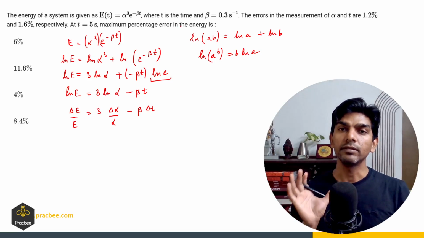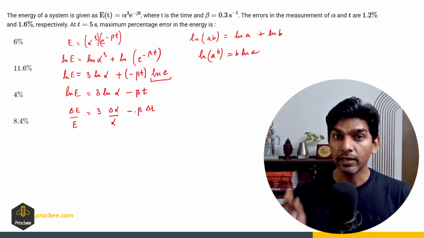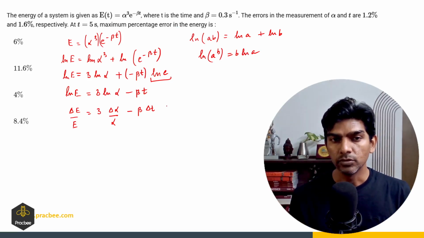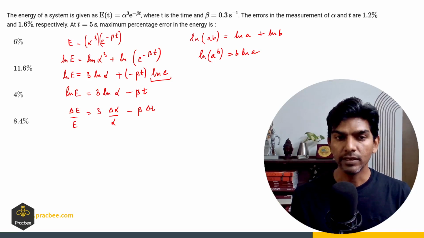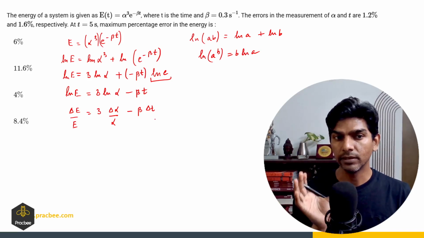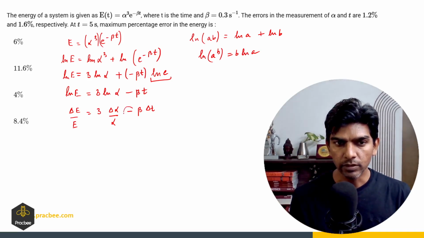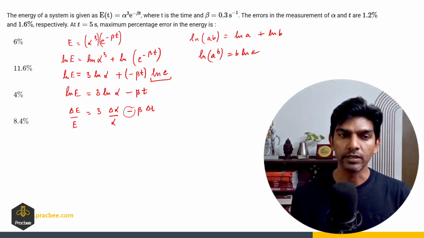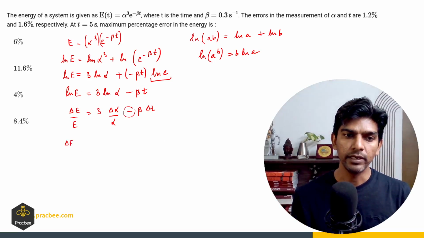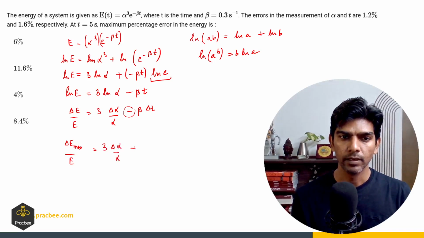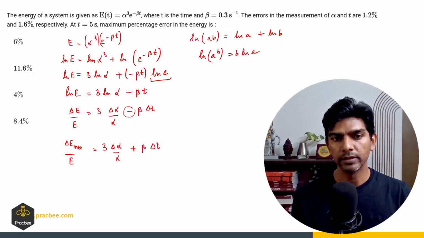An error can be positive or negative, so the error in delta t can be positive or negative. To have the maximum error in delta E, we have to convert this negative sign to a positive sign. So for delta E maximum, it can be written as 3 times delta alpha by alpha plus beta times delta t.